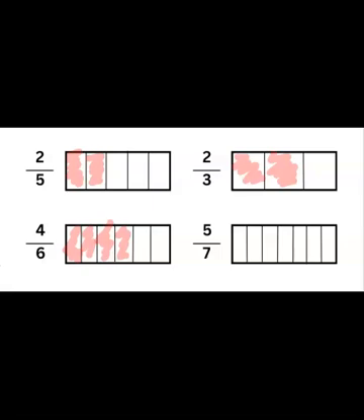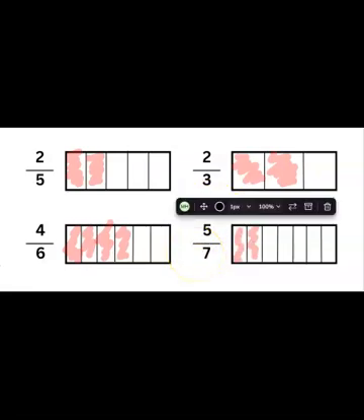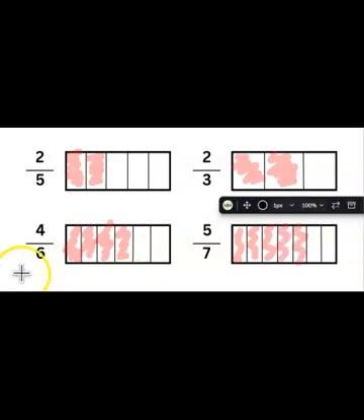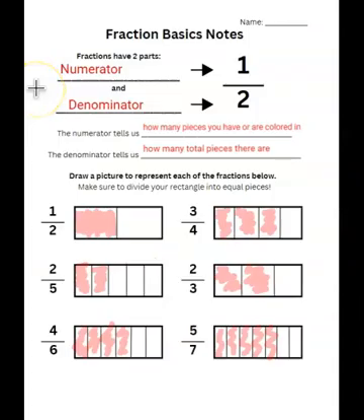Since the denominator is a 7, we need to cut our rectangle into 7 equal pieces. And since our numerator is a 5, I need to color in 5 of those rectangles to show 5/7. Take a moment to make sure you have this entire page filled in before we work on the next page.